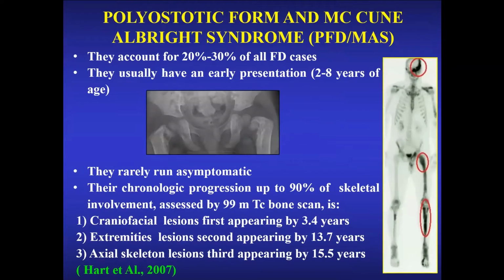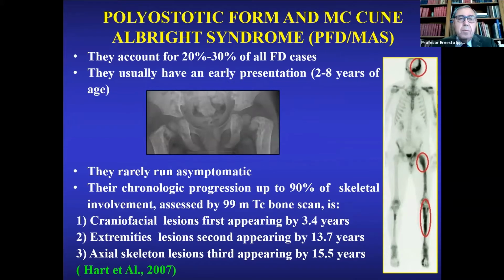Both polyostotic form and McCune-Albright syndrome account for about 20–30% of all FD cases. They usually have an early presentation, they rarely run asymptomatic, and in their chronologic progression, up to 90% of skeletal involvement, as assessed by bone scan, the first appearing are the craniofacial lesions by 3 years of age.